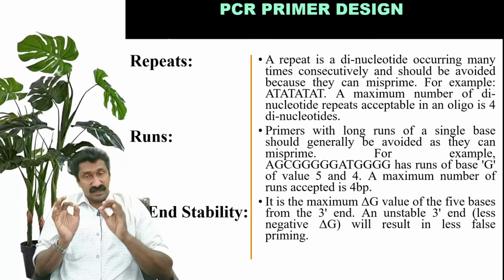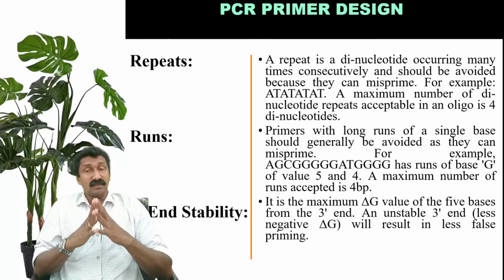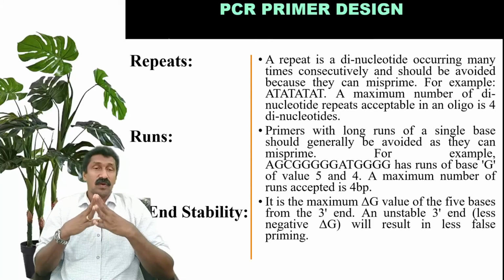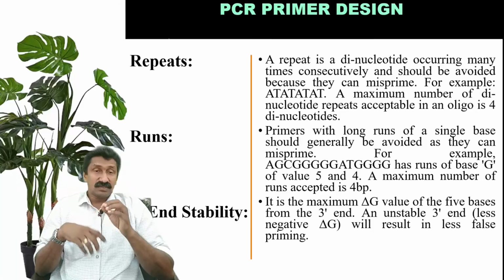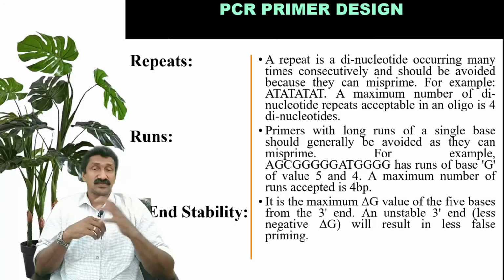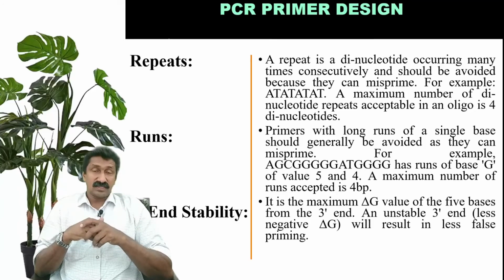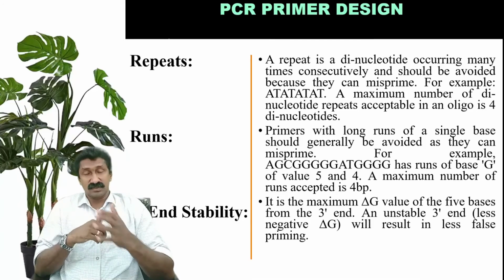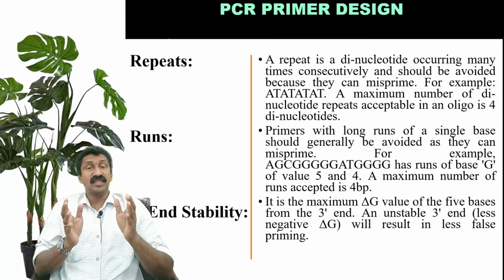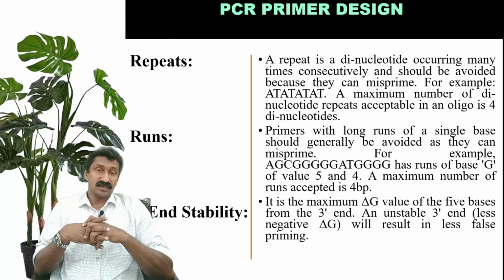Another point is 3' end stability, and it is the maximum delta G value of the 5 bases at the 3' end. An unstable 3' end with less negative delta G will result in less false priming. So as we discussed in previous slides, there should be at least 3 GCs in the last 5 bases of the primer at the 3' end.